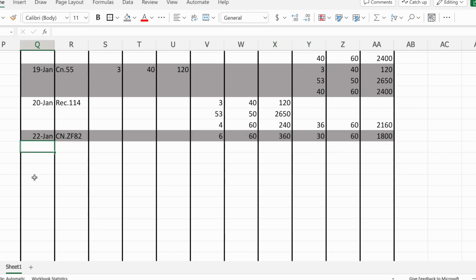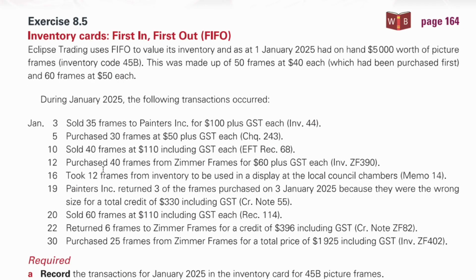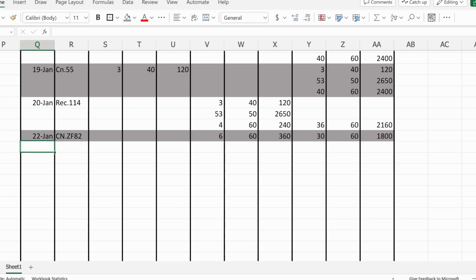Okay, now the final transaction is the 30th of Jan. So they purchased 25 frames from Zimmer Frames for a total of 1925, including GST. So invoice ZF402. Alright, so on the 30th Jan, invoice ZF402.